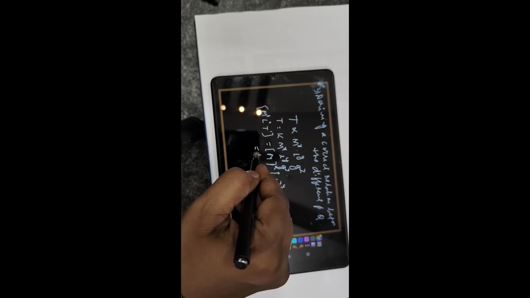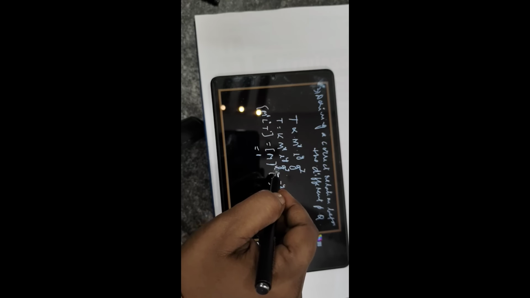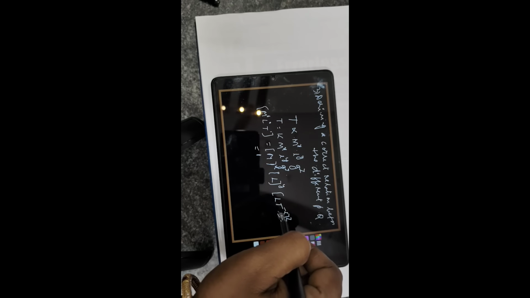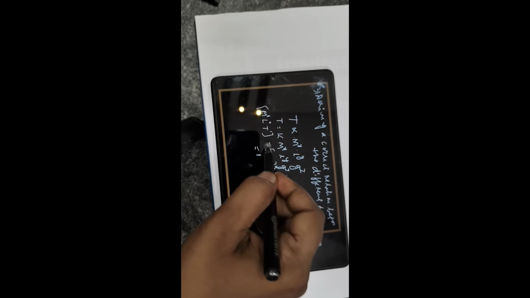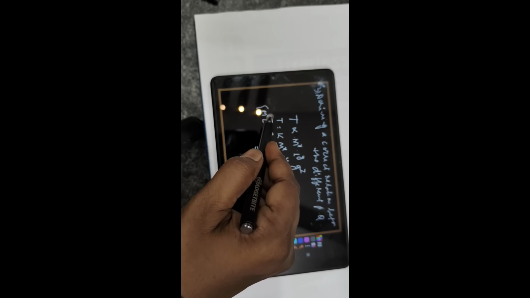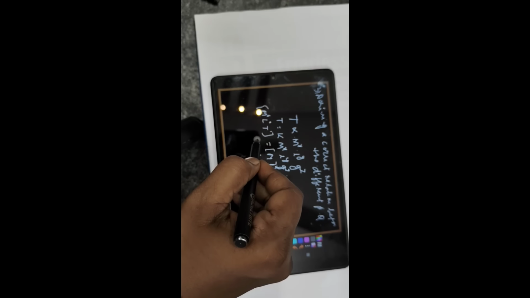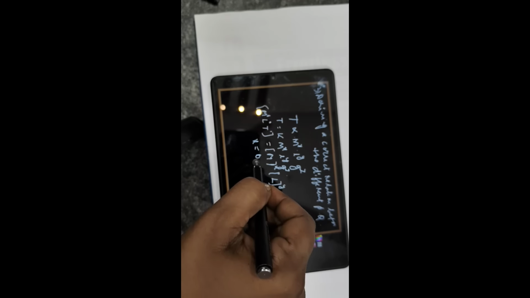Now we will equate the powers here. For M raised to x, we don't have any M on the RHS, so x is equated to the LHS, that is M raised to 0. x is equal to 0.